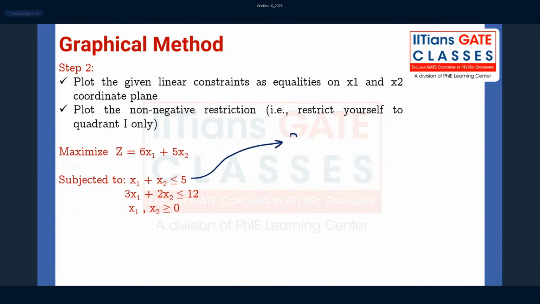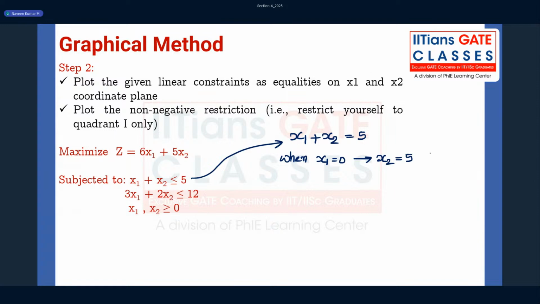first constraint, x1 plus x2 will be equal to 5. When I set x1 equal to 0, what will happen? x2 will be 5. If you're putting x1 as 0, x2 is equal to 5, isn't it?